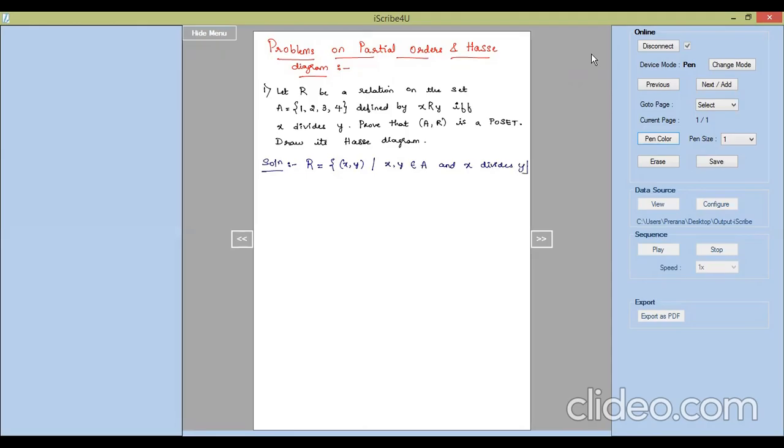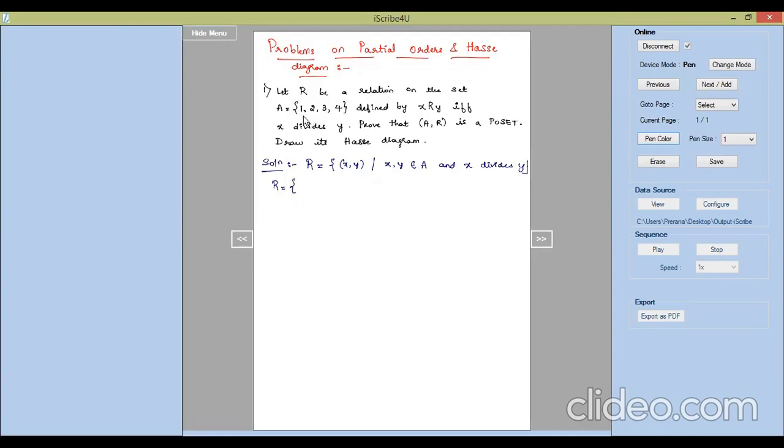This is how the relation R is defined. So let us first write down all the ordered pairs of the relation R, which satisfy the condition x divides y, from the set A = {1, 2, 3, 4}.